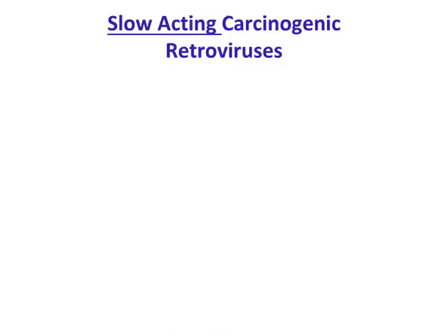The other mechanism by which RNA viruses or retroviruses can cause transformation was discovered by studying the so-called slow-acting carcinogenic retroviruses. Unlike the transforming retroviruses, the genomes of these slow-acting carcinogenic retroviruses lack extraviral DNA sequences. Infection with a slow-acting carcinogenic retrovirus does not always lead to transformation.